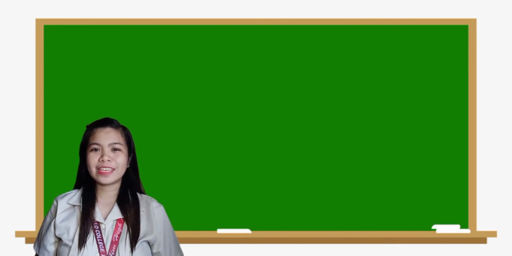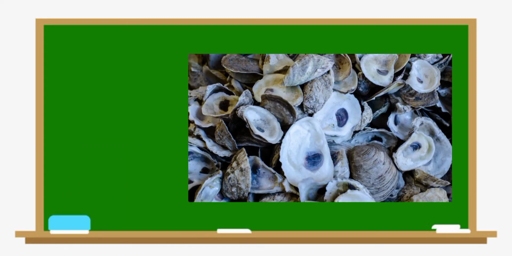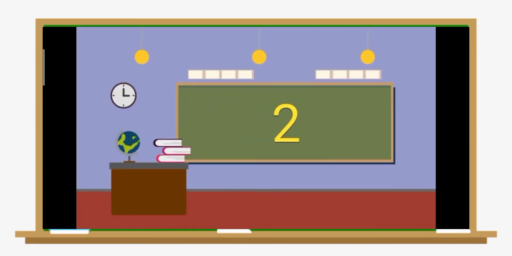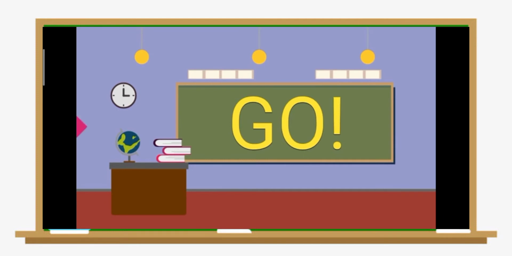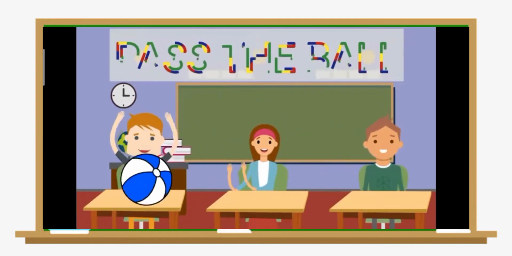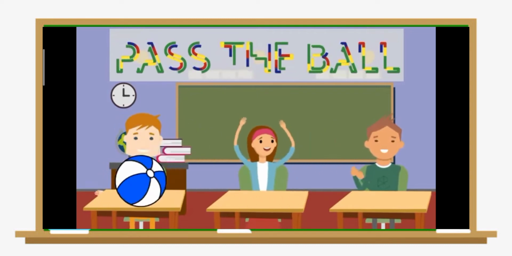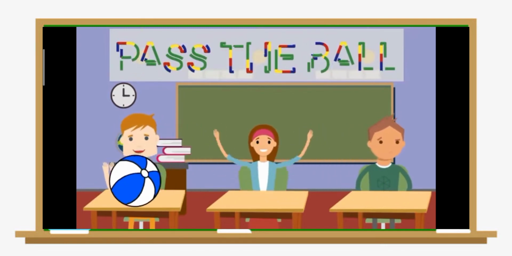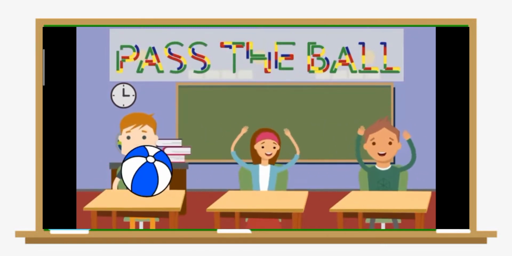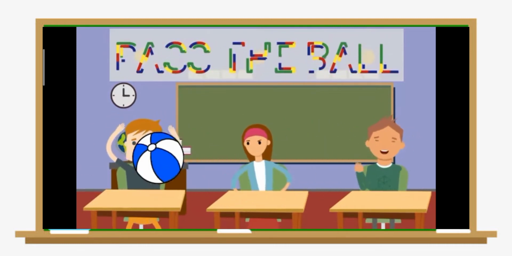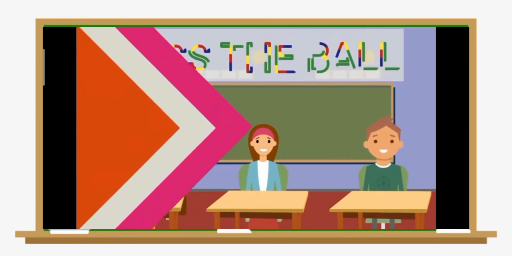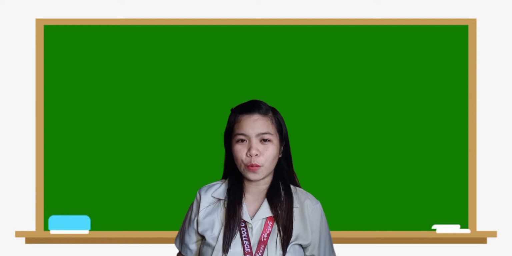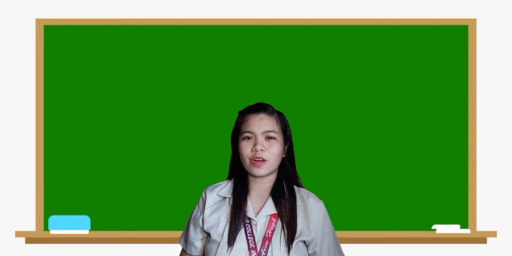So, number 1, what can you say about this picture? Very good, a pile of oysters. Okay, next. What will happen if these trashes will continue to grow? Very good, it will be a great threat to our environment.